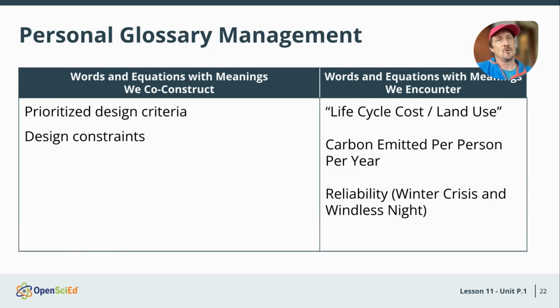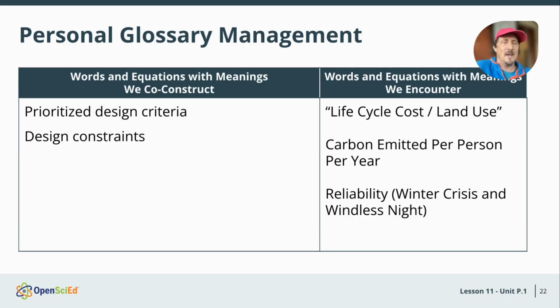Terms like life cycle cost and land use are a way that these factors are quantified in the industry, to take into account the entire lifetime of a typical power plant. We encounter the term carbon emissions per person per year.